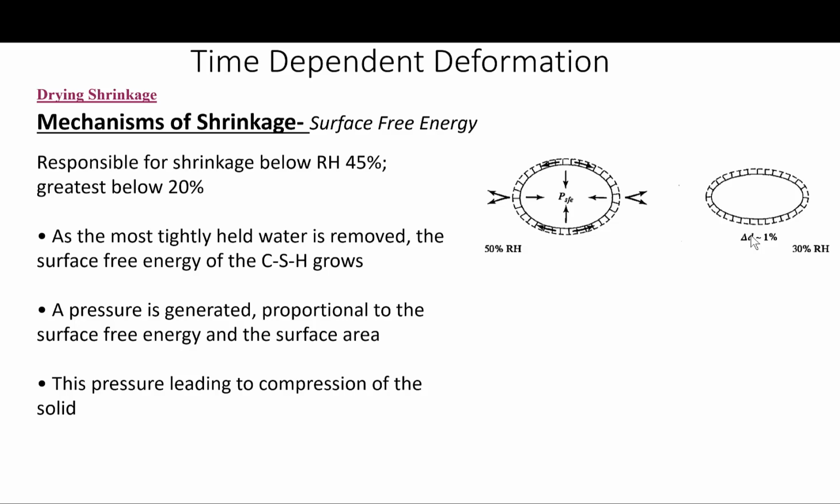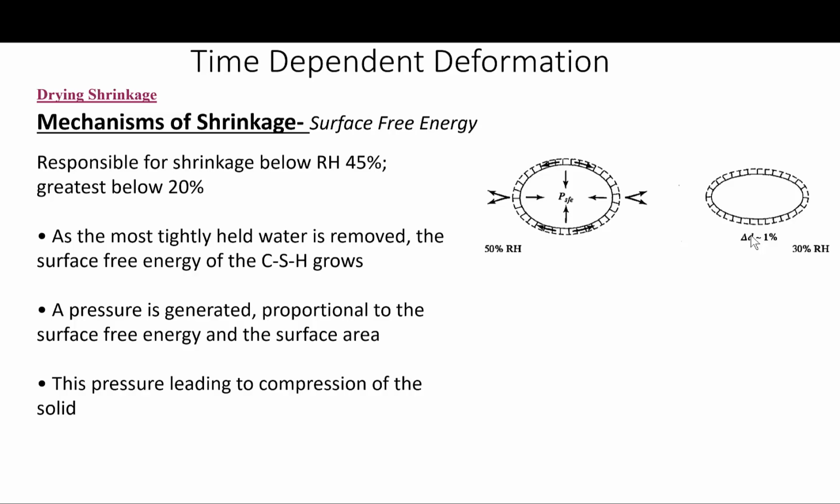Okay, the third phenomenon we talked about is the surface free energy, okay? So this is basically responsible for shrinkage below relative humidity of 45%. It's greatest at or below 20%.